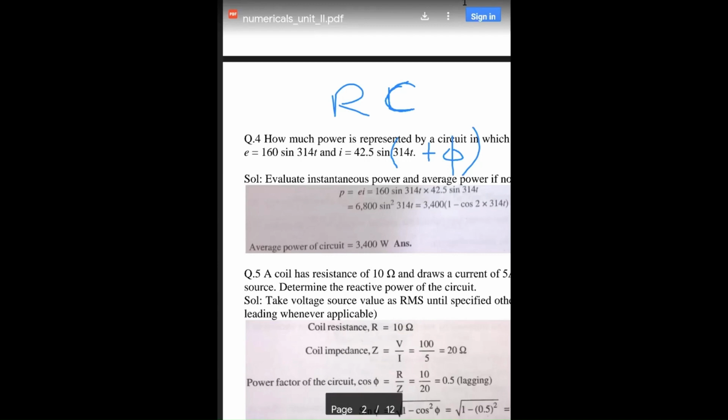So we should observe the expressions and identify. We should be smart enough to do this. In case of a pure inductive load, the current lags by 90 degrees, and in a capacitive load it leads by 90 degrees. So we should be in a position to identify this.